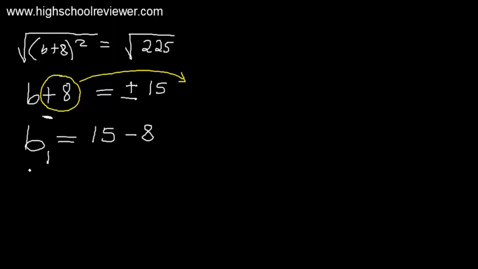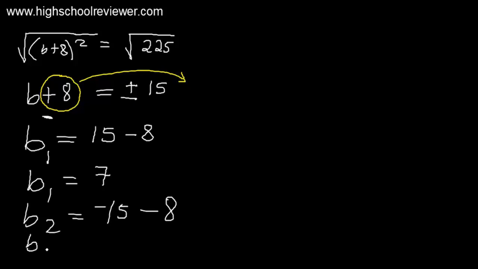So our b1 will be 15 minus 8, which is positive 7. And for our b2, that will be negative 15 minus 8, so b2 will be equal to negative 23.